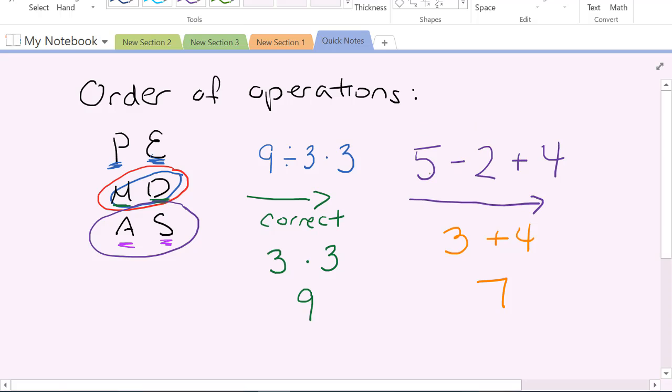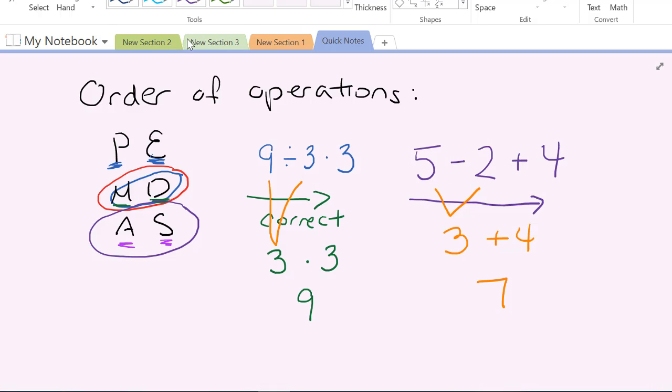So you first do 5 minus 2, and in the earlier situation you do 9 divided by 3 first. Do whichever one comes first. The incorrect way would be to do 2 plus 4, which gives us 6, and then 5 minus 6, which gives -1. That's incorrect. This is the correct way. You go left to right.